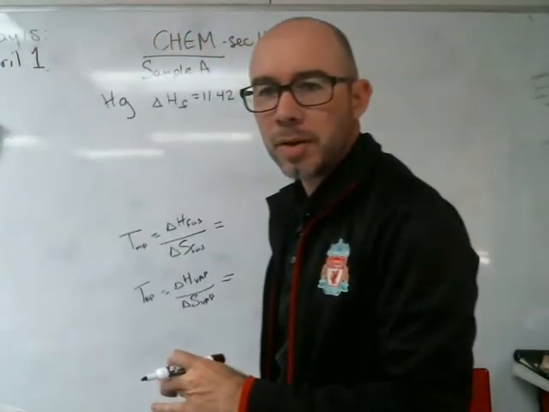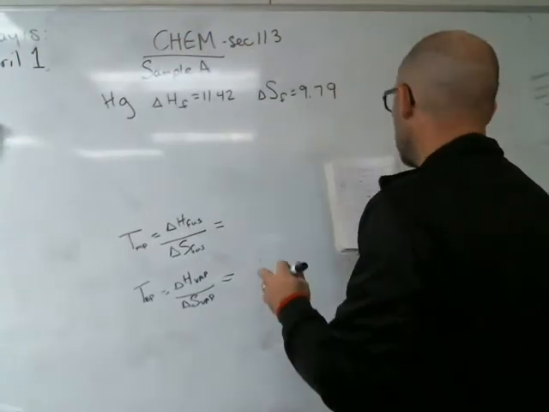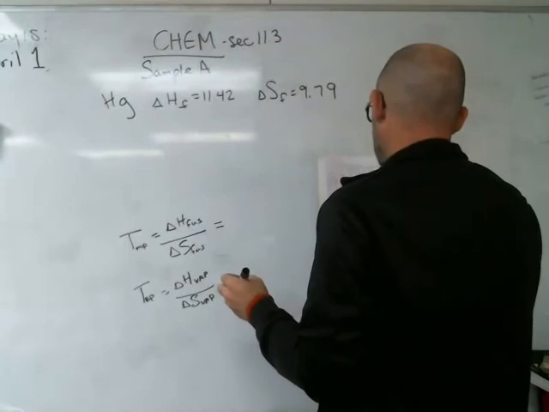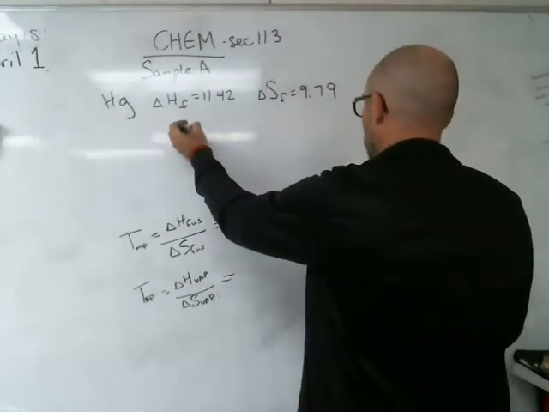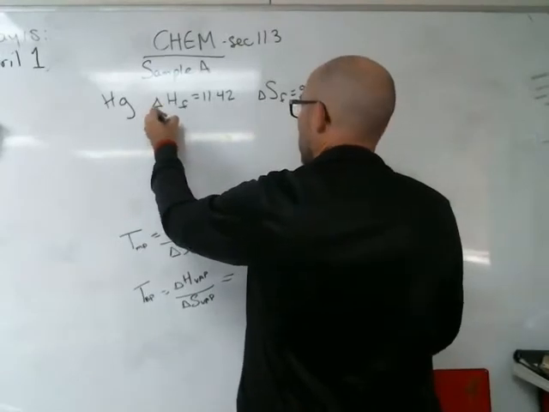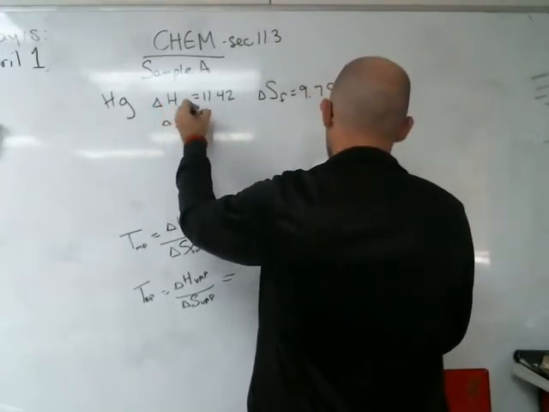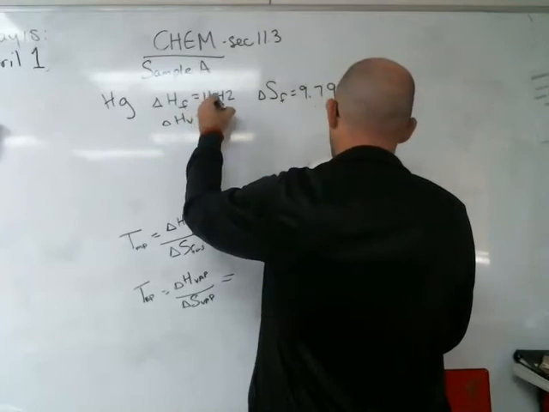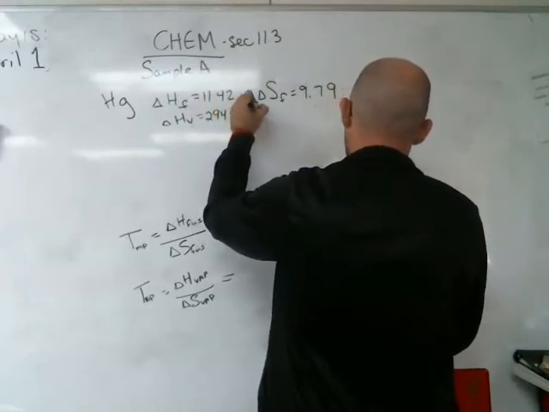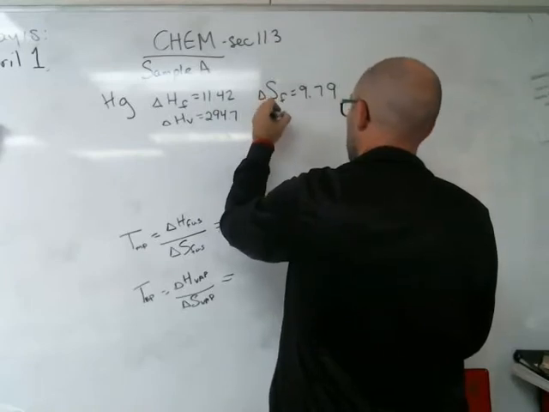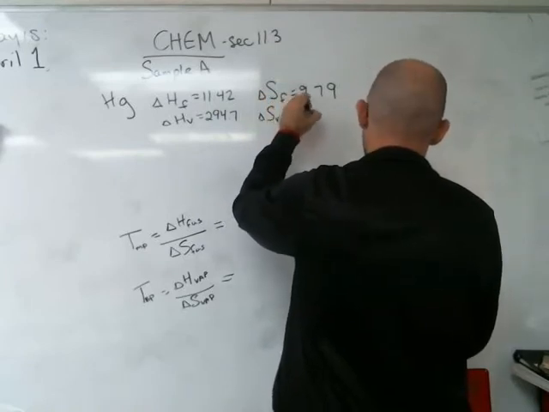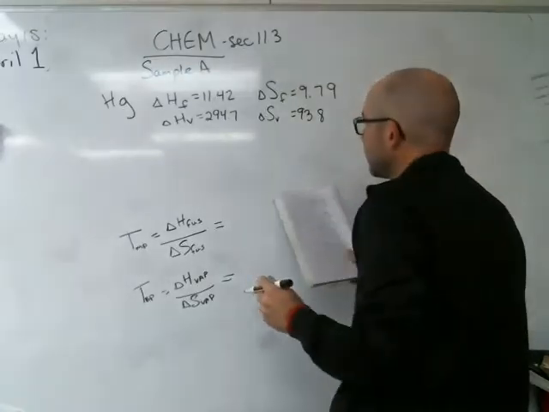Yeah, there's no changing of units necessary here, so that makes the math pretty nice and straightforward. We also have delta H of vaporization, 294.7, and delta S of vaporization is 93.8.